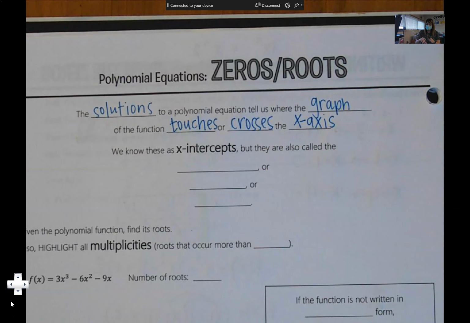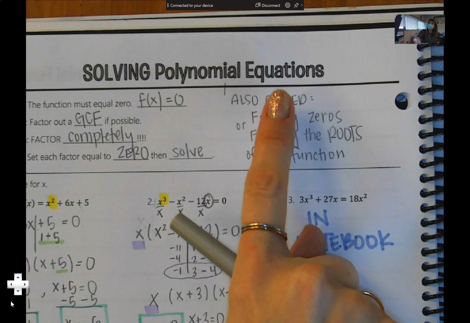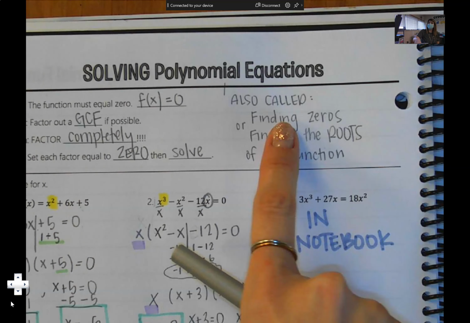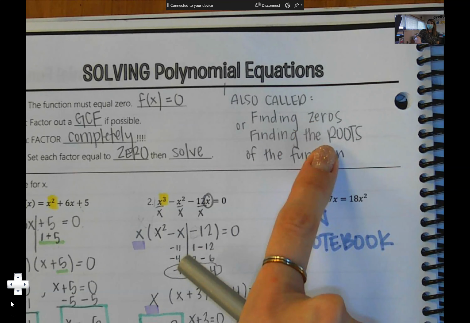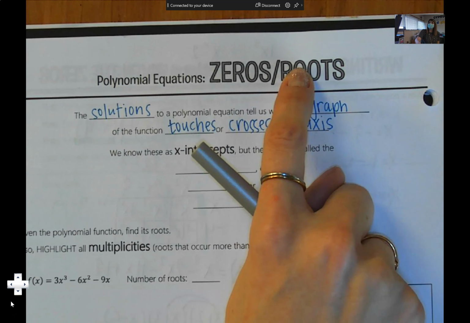So in our last lesson, let me verify this. I told you, so I'm going to unfreeze. In our last lesson, before we even started solving polynomial equations, I told you guys that the solutions are also called zeros or roots of the function. So now we have a heading that says finding the zeros or the roots.